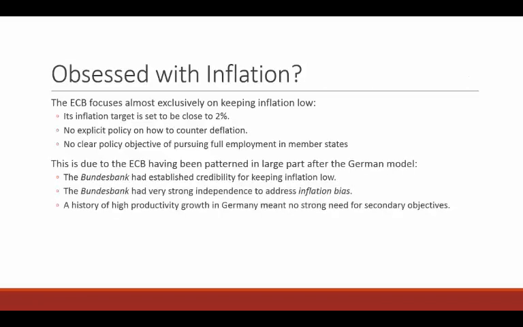One interesting observation about the ECB is that it was patterned in large part after the German central bank, which had a strong reputation for fighting inflation effectively. The inflation rate target set by the ECB is somewhere close to 2%. The ECB aggressively seeks to keep inflation below this, but has no stated policy on how to counter deflation, or how it might seek to pursue full employment in member states.